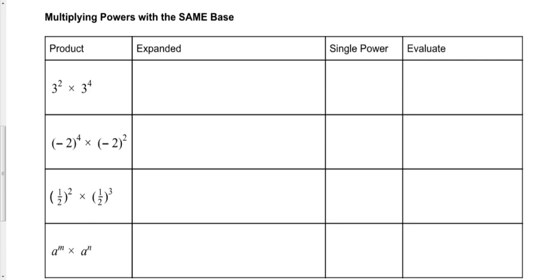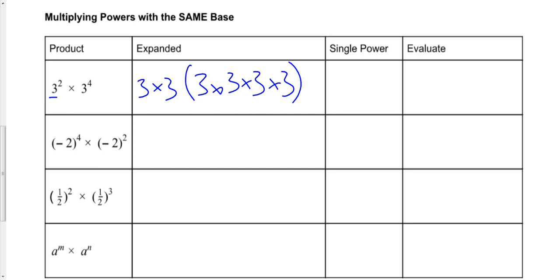In this case, we have 3 to the exponent 2 times 3 to the exponent 4. Do they have the same base? Well, the answer is yes, they do. What this actually means, if you were to expand it out, is 3 times 3, the first piece, times 3 times 3 times 3 times 3.